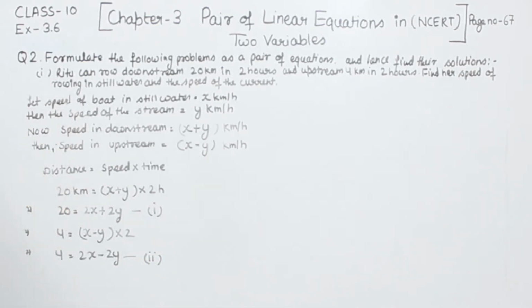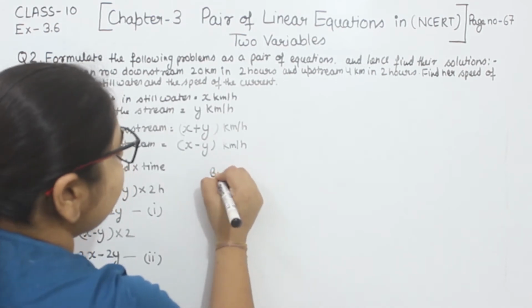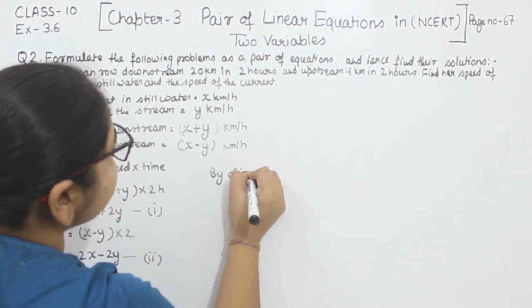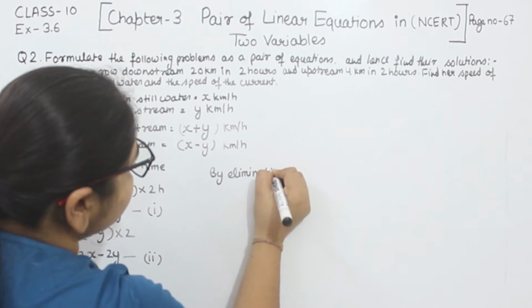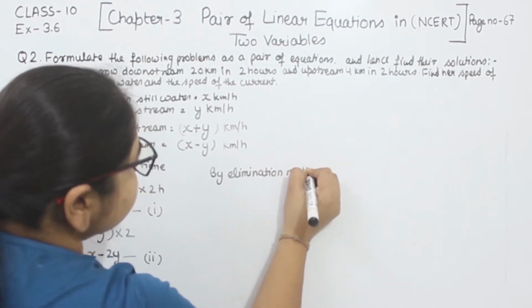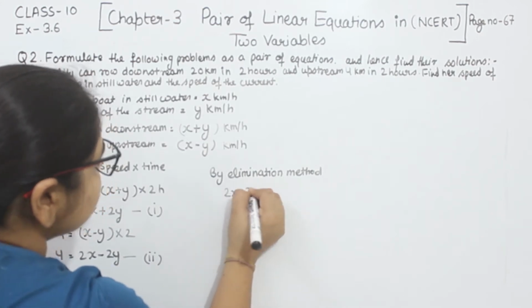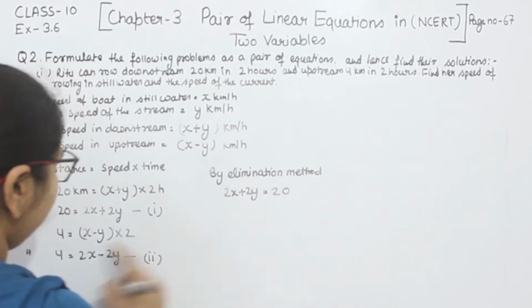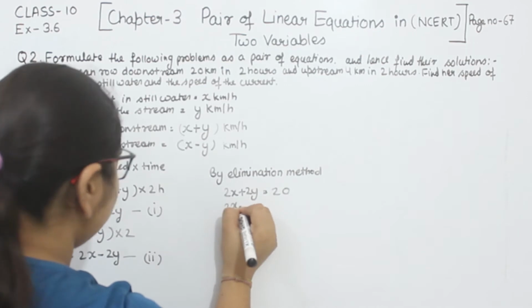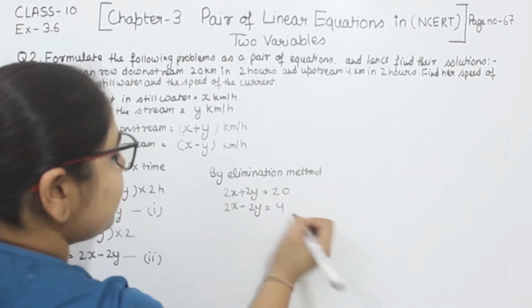I am going to solve this by the elimination method. Equation number 1 is 2x plus 2y is equal to 20, and the second equation is 2x minus 2y is equal to 4.